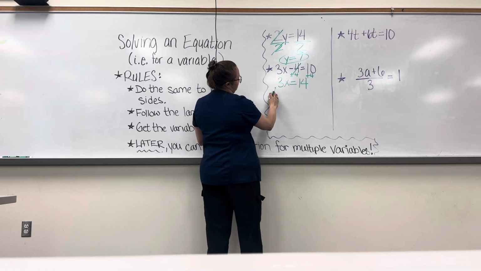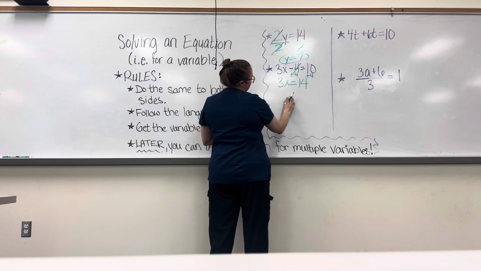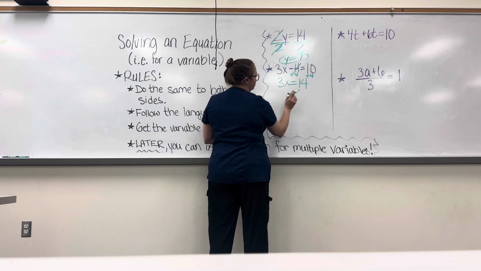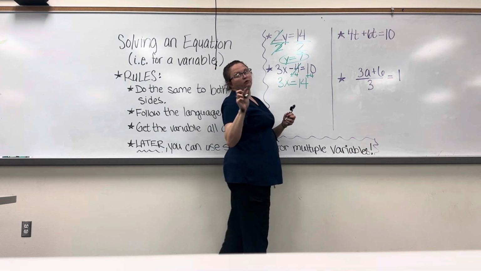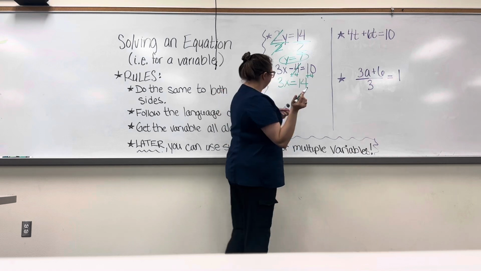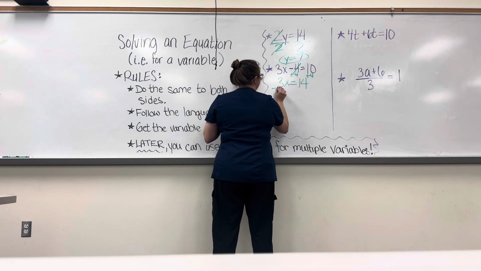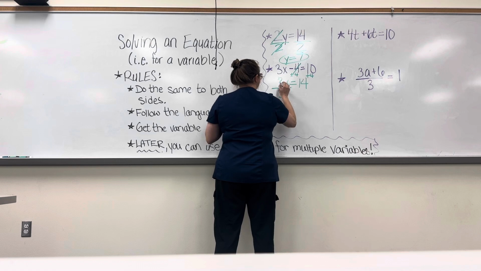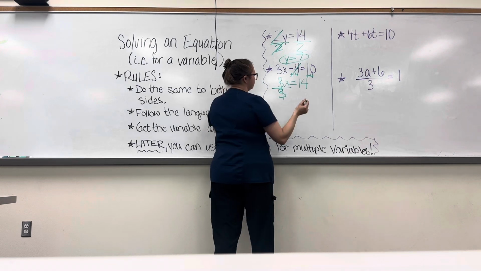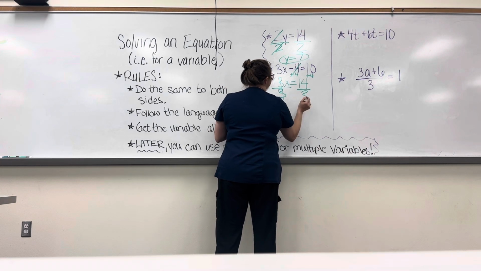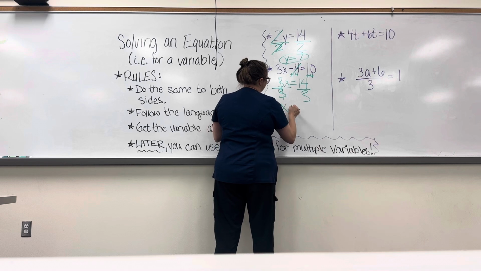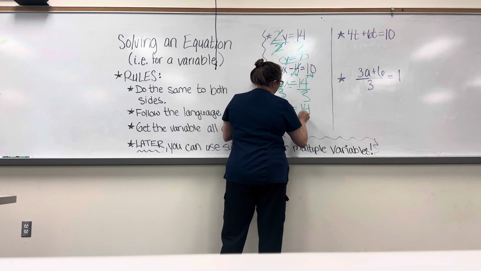Then we have 3x equals 14. Divide by the whole number or multiply by the reciprocal, however you want to talk about it. Divide by 3, cancel each other out. Divide by 3, x equals 14 over 3.